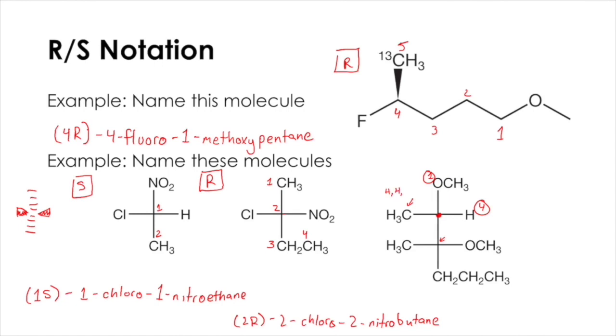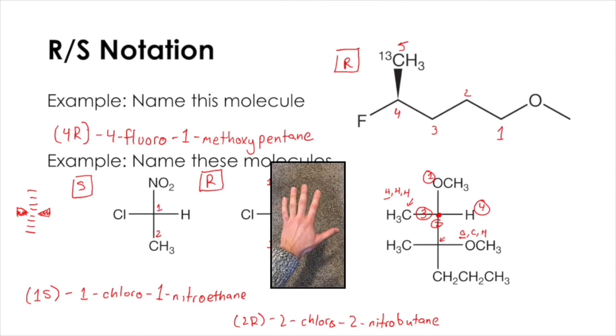So this carbon has 3 H's, this carbon has an O, a C, and an H. So comparing that O to that H, this group wins. So 2, 3. And so the first chiral center, if we point our thumb toward us, the numbers sweep clockwise, so it's S.